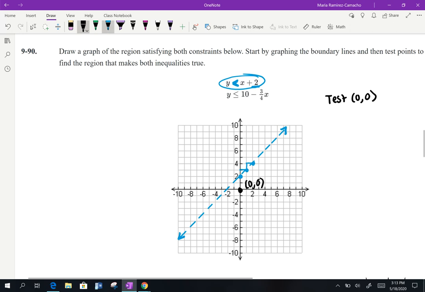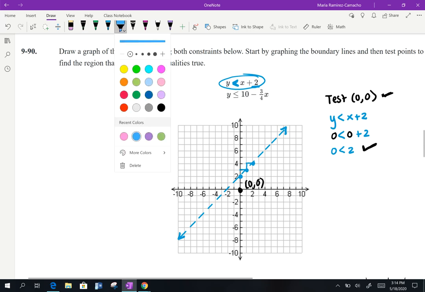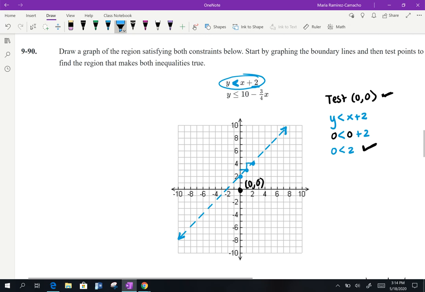So I'm going to plug in to my original inequality 0 for x and 0 for y. And simplify. 0 plus 2 is 2. Is 0 less than 2? It is. So 0 is a solution. So I'm going to shade towards 0, 0. That means that I'm going to shade below the line.